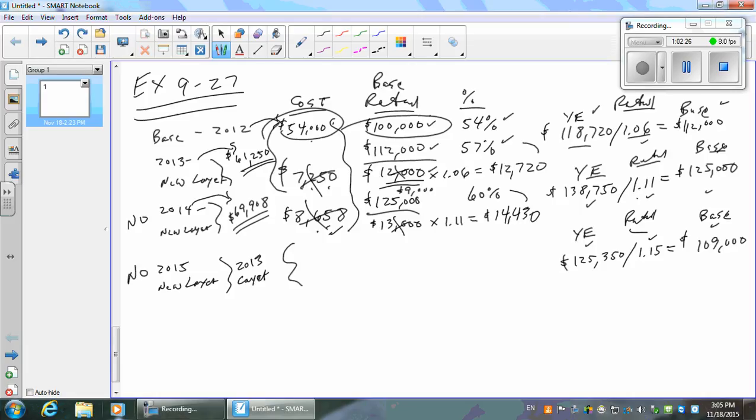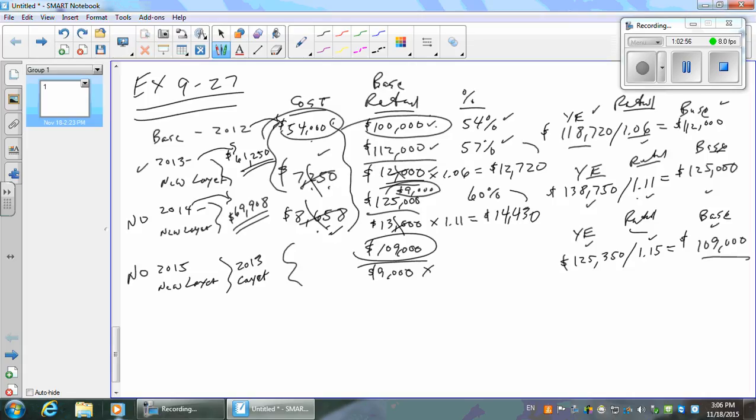So I'm going to keep this one, right, the 54,000, and how much do I have left? 9,000, right? 109 netted with 100. You guys with me? 109,000 in 2015, netted with the 100 that we started with up here, is a 9,000 layer, but what year is that from? 2013, isn't it? Everybody agree?